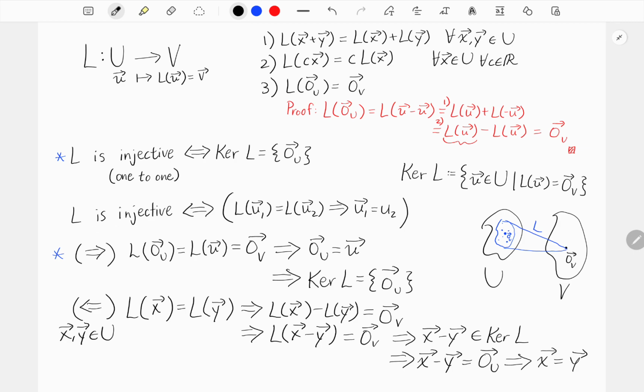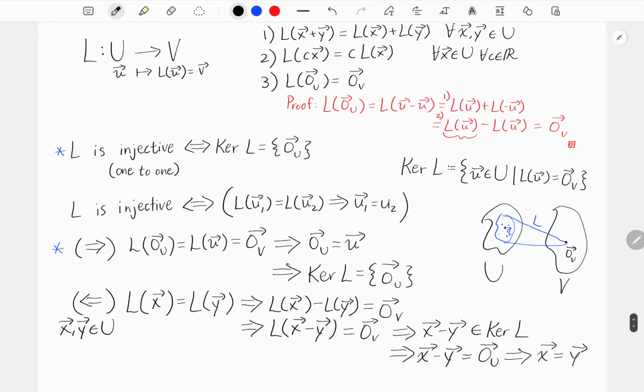The outputs are the same implies the inputs are the same. That means the linear transformation is injective, and that is true because we know that the kernel of L is 0u in this case. So this implies that L is injective, or L is one-to-one.